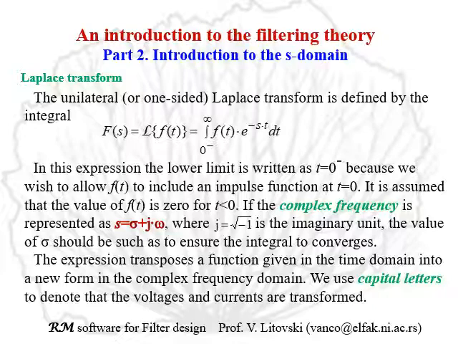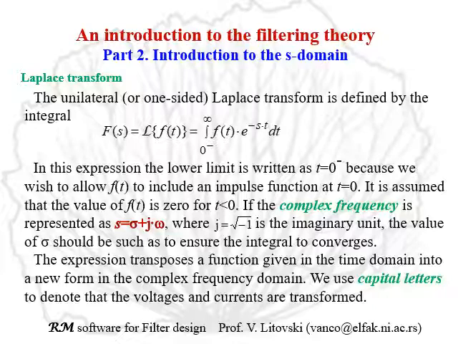If the complex frequency is represented as s equals sigma plus j omega, where j is the imaginary unit, the value of sigma should be such as to ensure the integral converges.